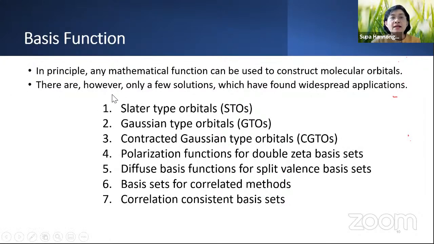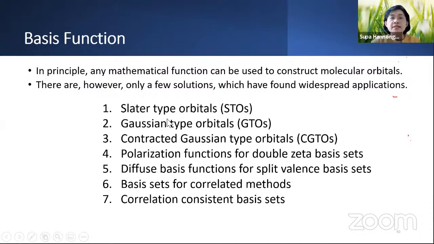Anyway, there are only a few solutions which have found widespread applications. Following, you can see the types of basis functions. There are about seven types that I would like to talk about today.